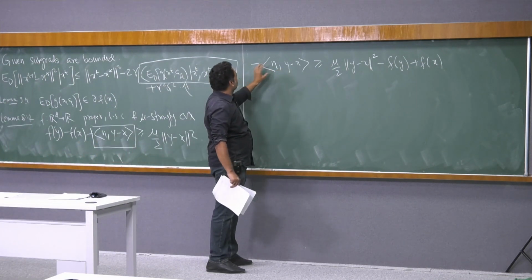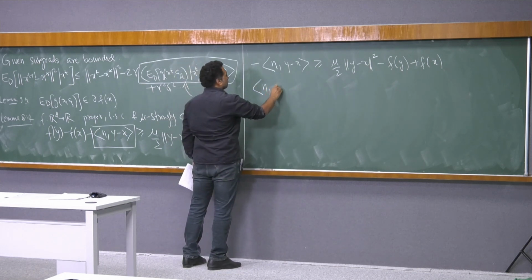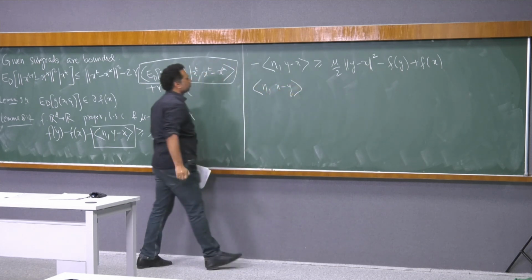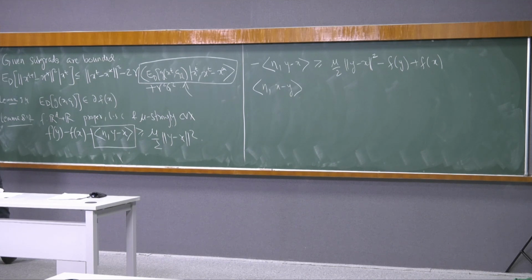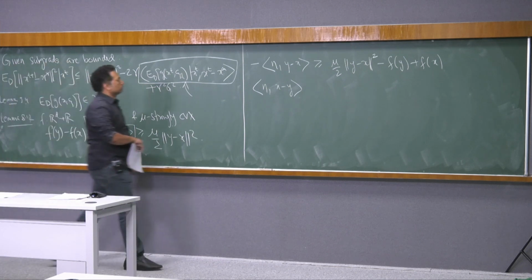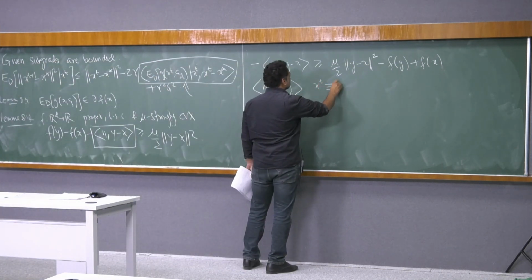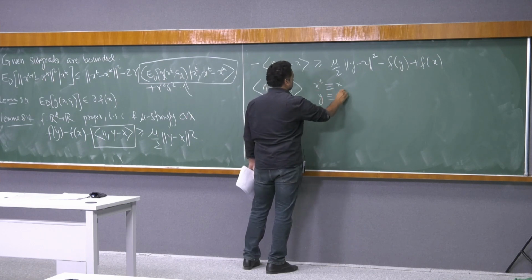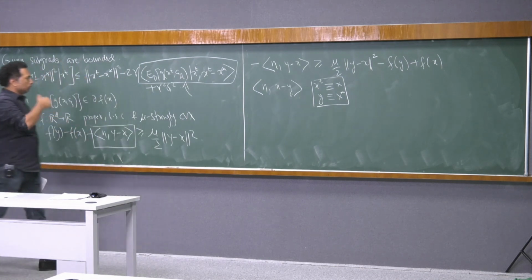So this is x minus y, and the gradient is computed at xt, so xt is my x and y is my x star. I believe this should be a good choice.